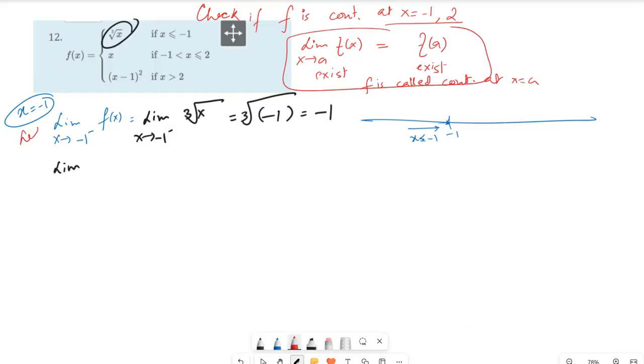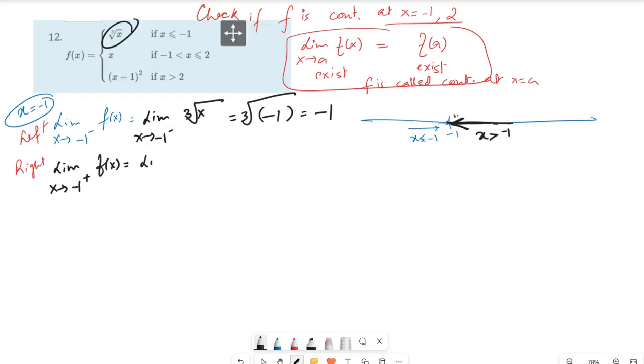So this is left. Now find the right limit. x is approaching -1 plus. Plus means from the right side. That means it's getting very close to -1, but it's on the little right side. Right side means x is more than -1.